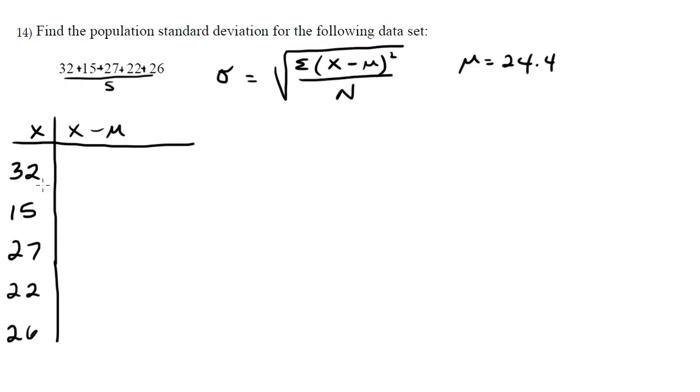So we're subtracting each of these values here from 24.4. So first, 32 minus 24.4, that's 7.6. 15 minus 24.4, negative 9.4. 27 minus 24.4, 2.6. 22 minus 24.4, and 26 minus 24.4, 1.6 here.